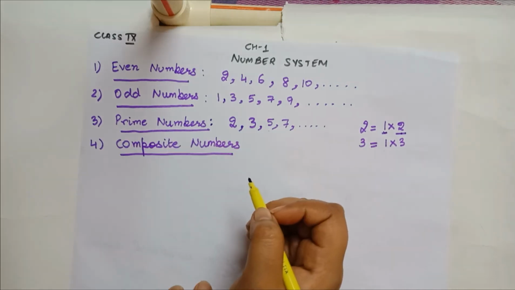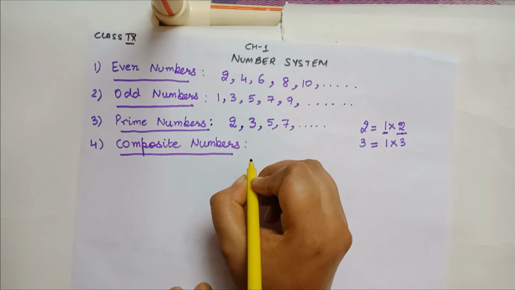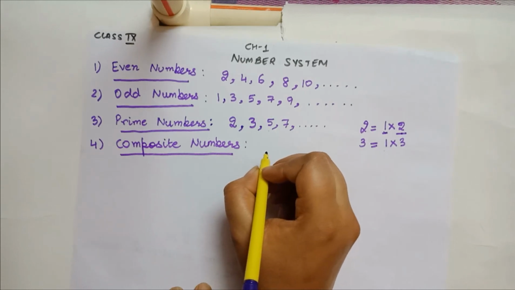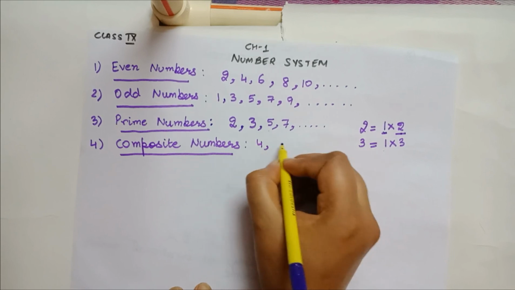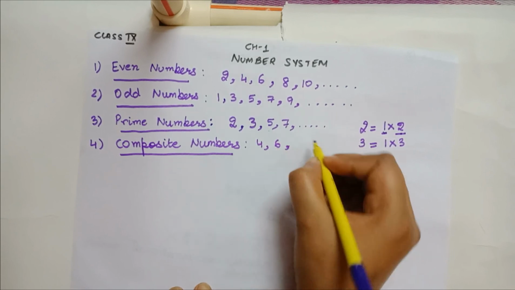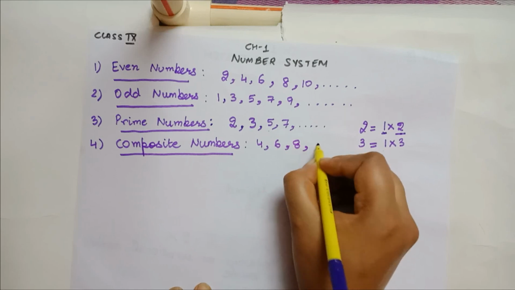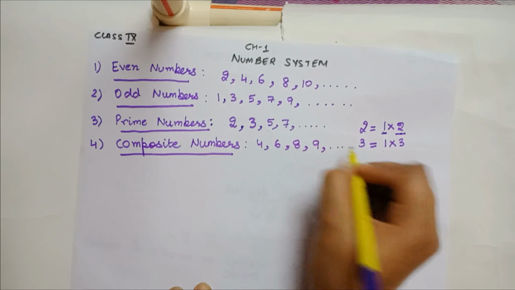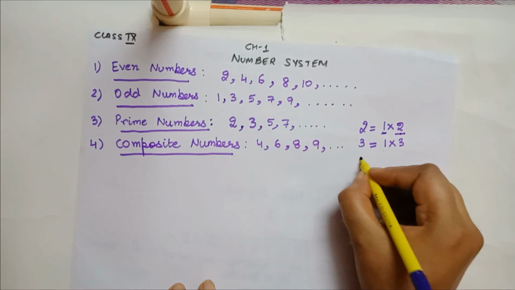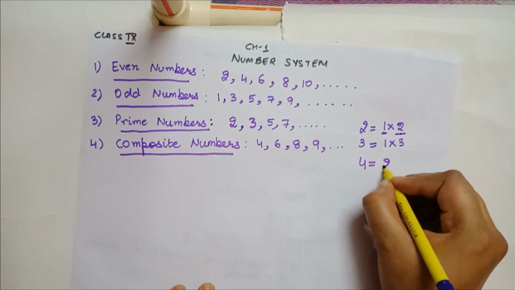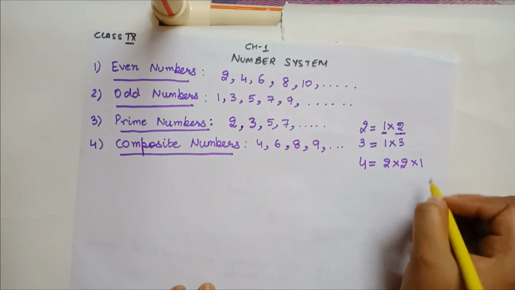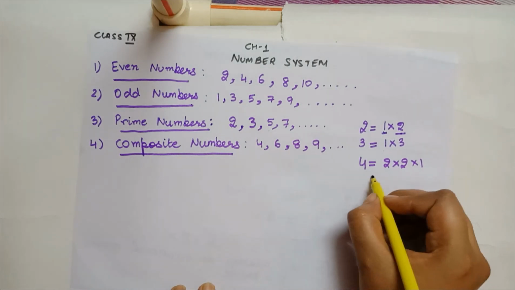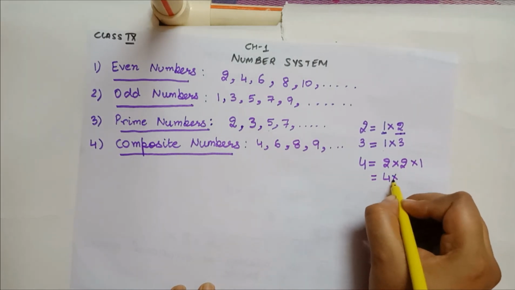Fourth are composite numbers. Composite numbers are those numbers which have more than 2 factors. For example, 4, 6, 8, 9 and so on. See, 4 can be written as 2 into 2, and we can also write 4 into 1.